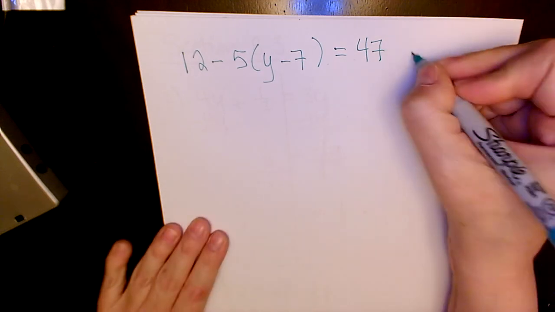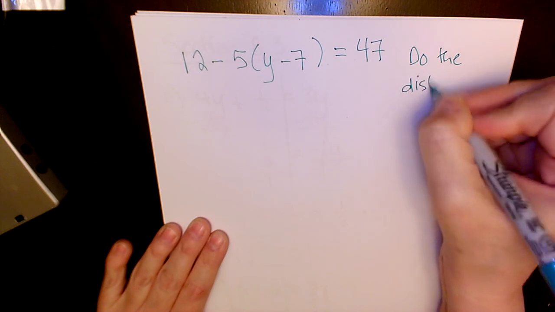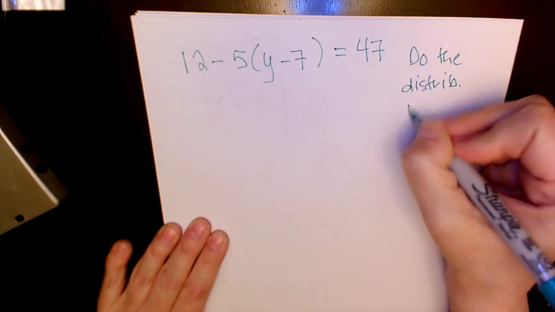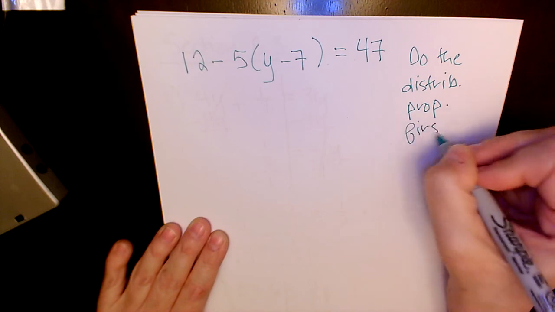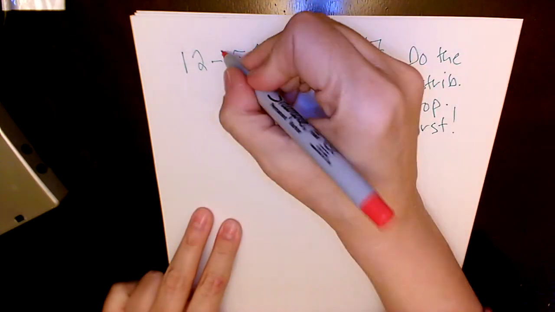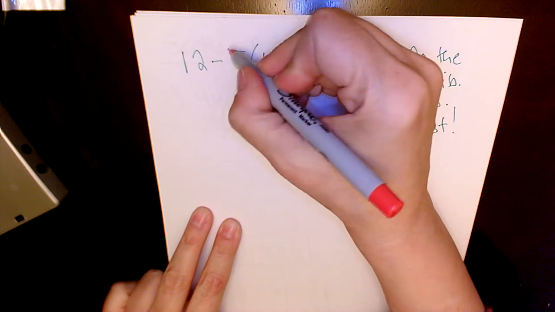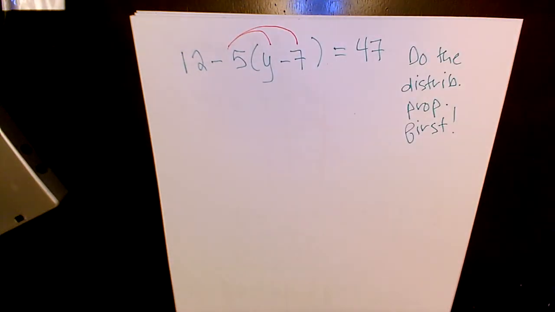So what we're going to do first, like last time, is the distributive property. And we're going to take this negative 5, right? It's negative, and we're going to multiply it here and there.